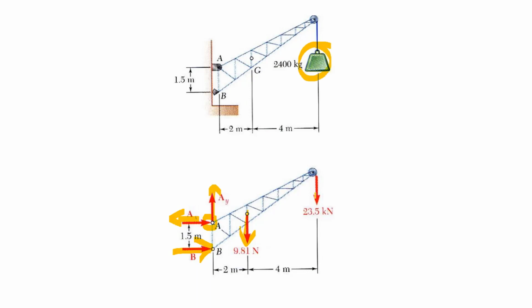And we have 2400 kilogram. And in the free body diagram we write it as kilonewton. How do we calculate this? 3.5 from here.